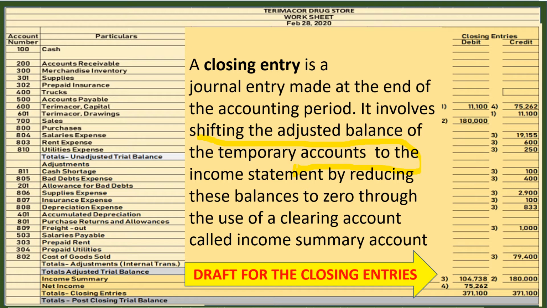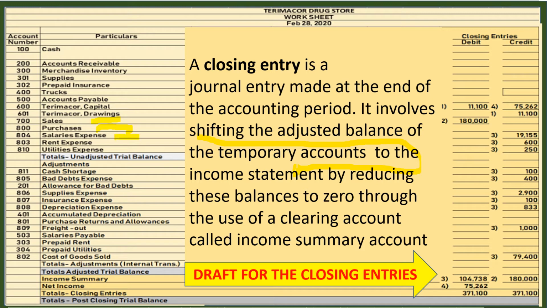We have discussed earlier that the formula for income is revenue minus expenses. The accounts falling under these titles will be considered temporary accounts. So we're going to find out one by one which are the revenue and expense accounts. We have here sales. Purchases have been closed already by the adjustment.